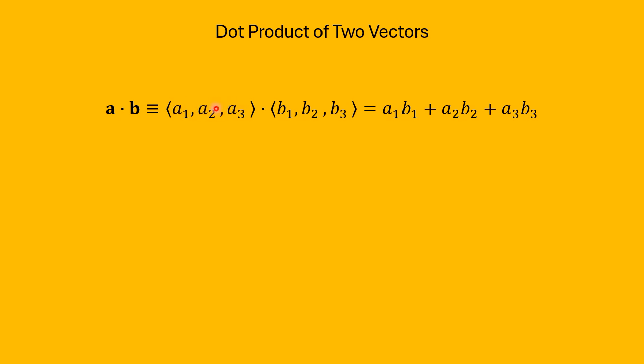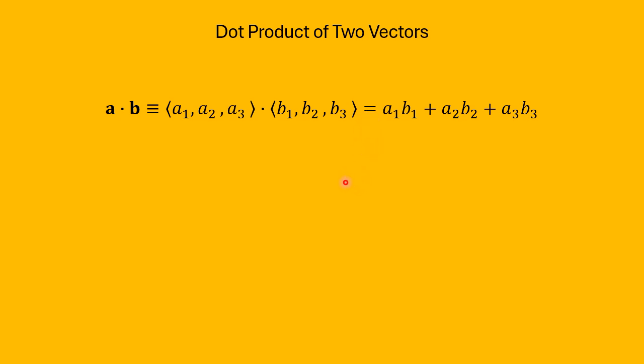This is the vector a component-wise, here's the vector b component-wise, and the dot product is a1 times b1 plus a2 times b2 plus a3 times b3. a1, a2, a3 are just real numbers, b1, b2, b3 are real numbers, and so this sum of products is a real number.